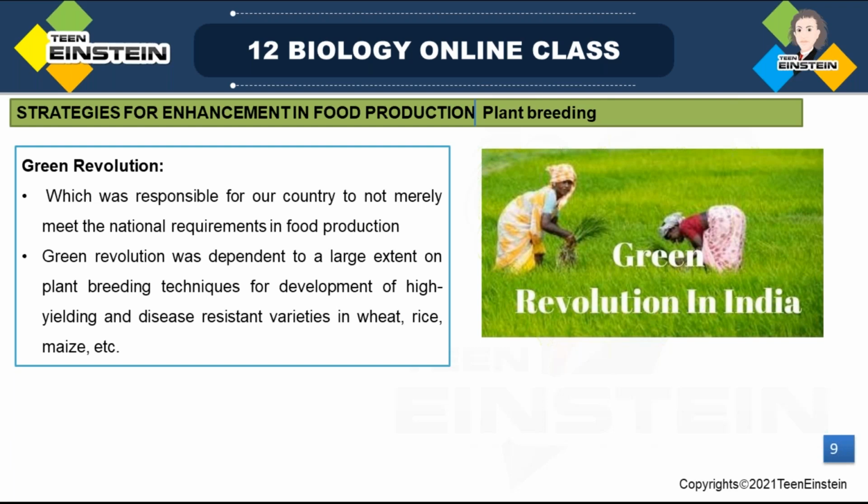So plant breeding. You know that the population is increasing. So to meet that food requirement, we need to apply several technologies in the case of plants also, right? Then so many better management practices we need to include. And for what are we doing all these things?